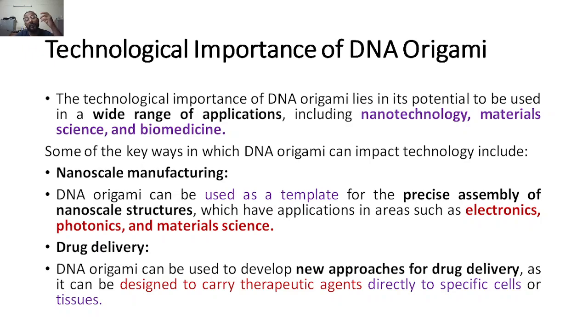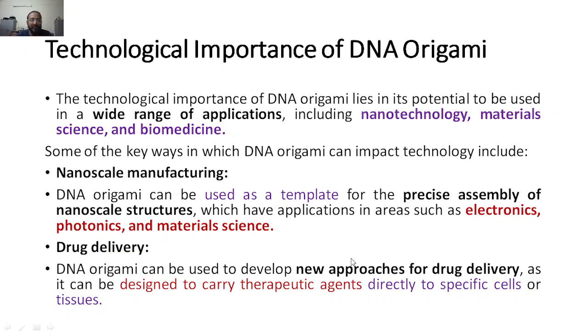If I want 100 nanometer diameter, I can have it. So DNA origami can be used as a template for precise, in the sense of specific, assembly of nanostructures: I want this, so I will get this. These have applications in various fields, nanomaterials in electronics, photonics, material science and more. In your FET, field effect transistor, quantum dot FET and graphene FET, all these are nanostructure-based FETs.